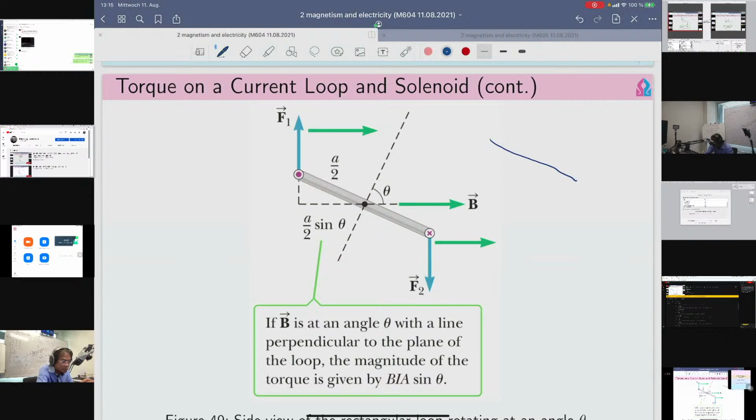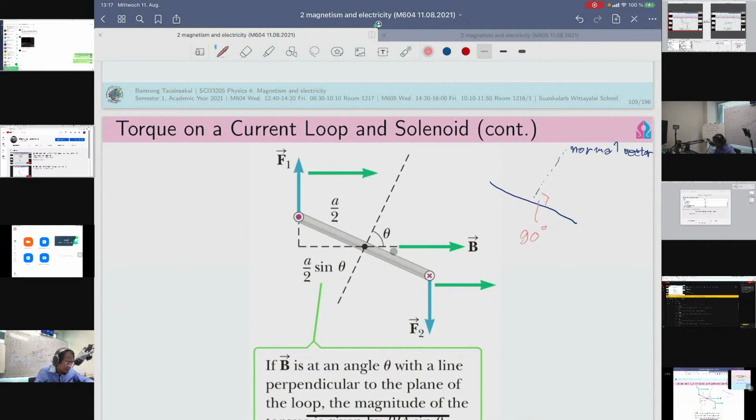It's the normal vector of that plane measured against the magnetic field like this. This is the instant that we can have, because when the conductor starts to rotate, it can have any angle with respect to the magnetic field, and we're going to see what the torque and the force are at that moment.